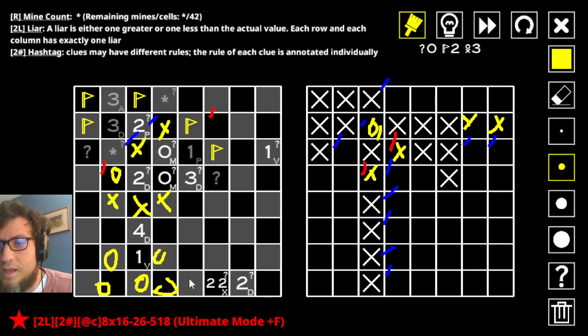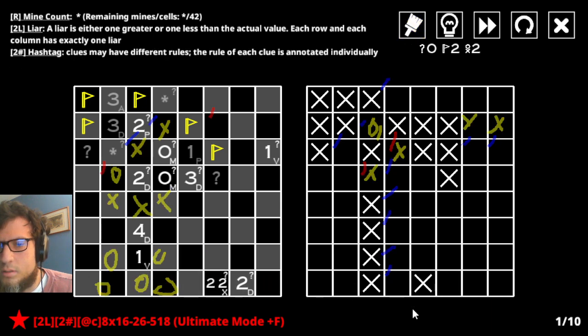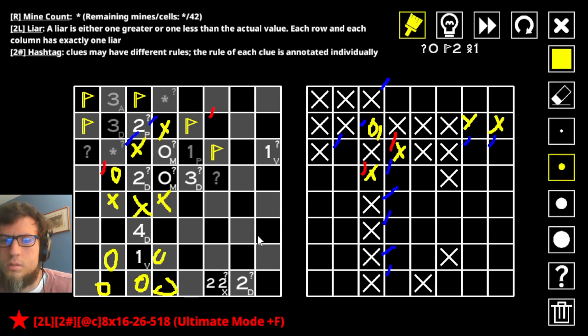Oh, if this is a liar, it would force both of those to be honest, which would force this to be a mine, which is not allowed, so this square can't be a liar. Nor can this square for the same reason. Okay.